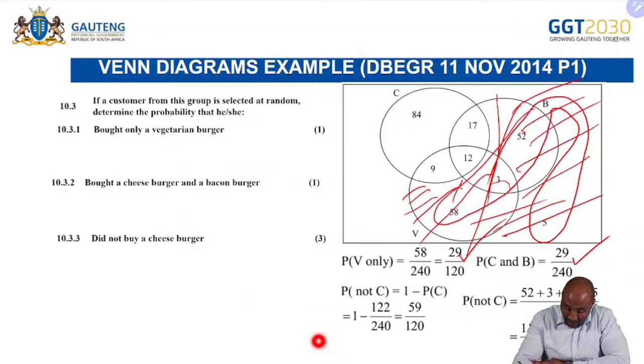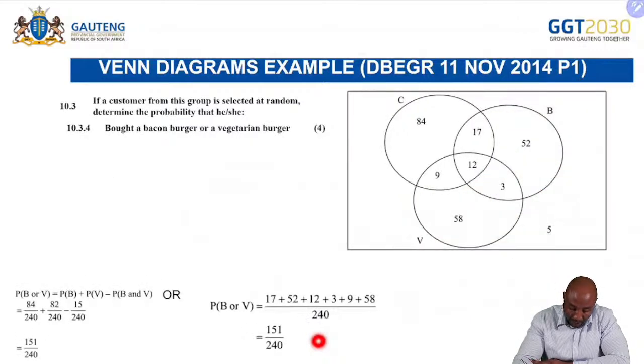So we'll get our answer as what? We are going to add everything that is outside, and we'll get 58 plus 3 plus 52 plus 5. Then we'll get our answer of not buying a cheeseburger. What about a bacon burger or a vegetarian burger, we are going to add our numbers there.